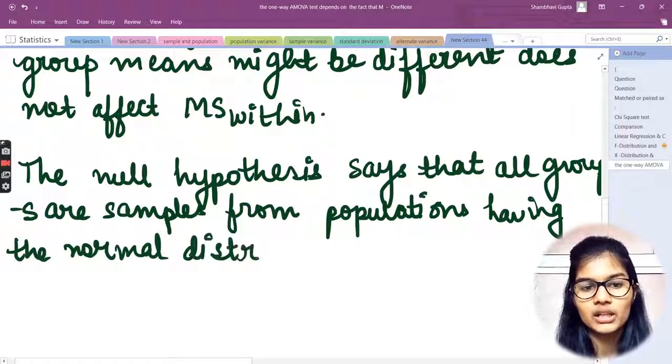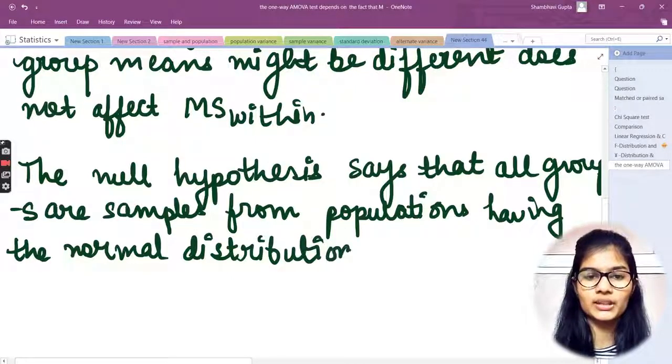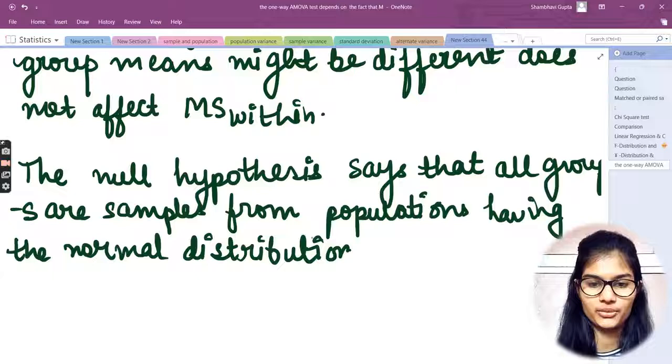So here goes the populations, and here goes the distribution. So the null hypothesis says that all groups are samples from populations having the normal distribution.